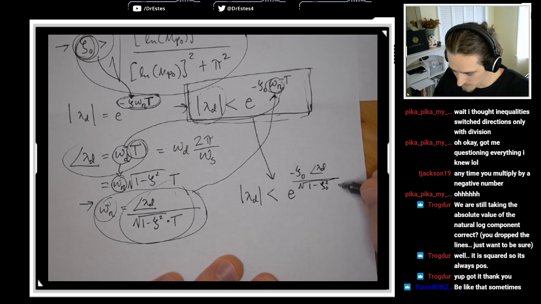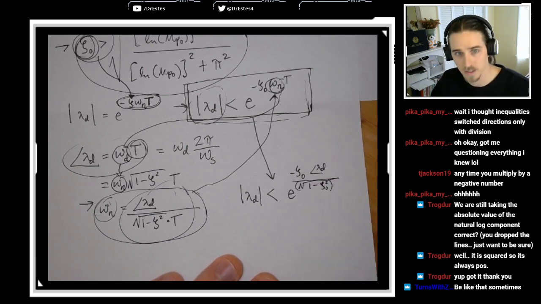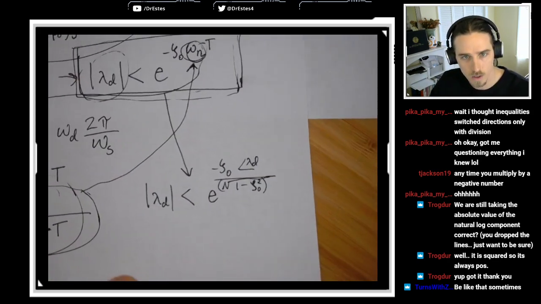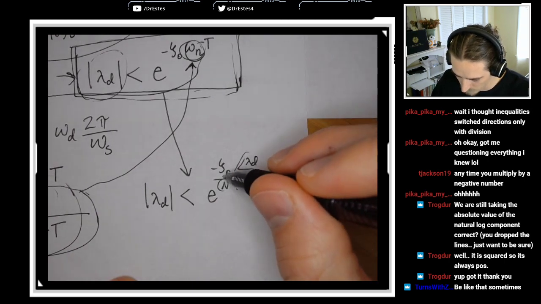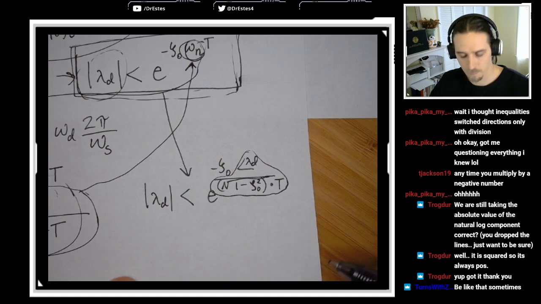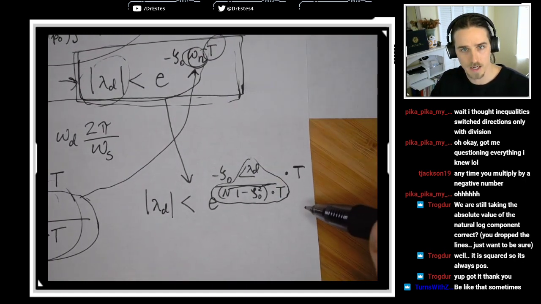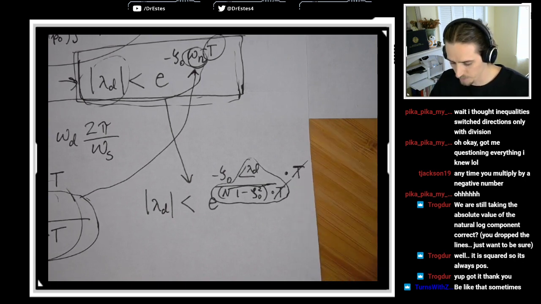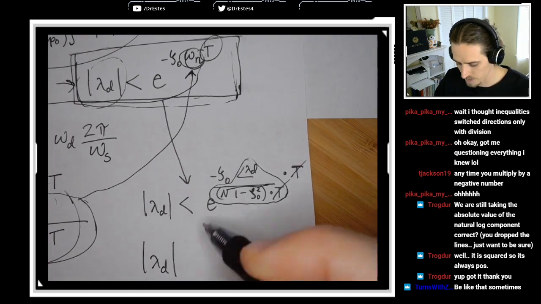This is getting a little bit sloppy. Let's put some parentheses around that because I don't want you to think that this square root carries over to here. So times T. So this right here was our natural frequency. And then we can't forget about this other sampling period on the outside. So these sampling periods will cancel.